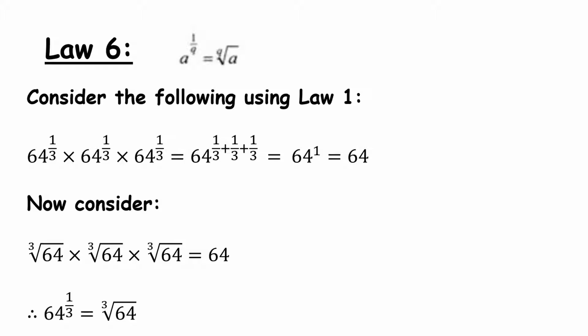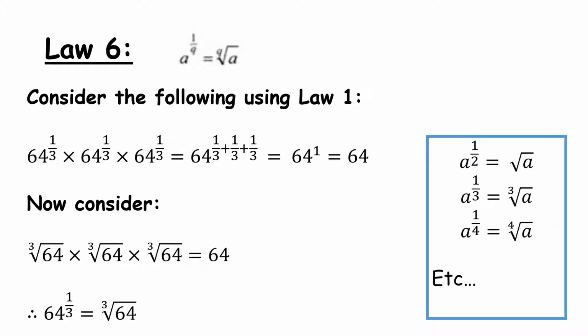So when we see any powers which are in fractional form, they're going to link us back to the roots in some way. The important ones to note would be a to the power of a half is the square root, a to the power of a third is the cubed root, and a to the power of a quarter is the fourth root, and so on and so forth.